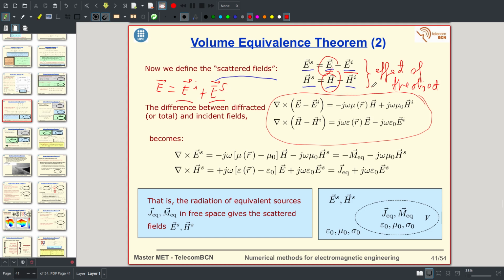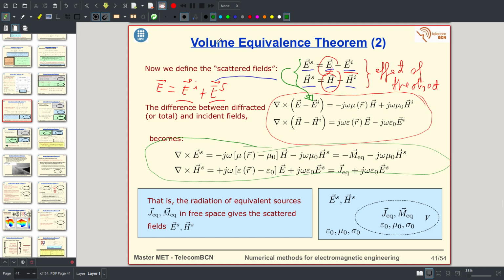So we use this definition and we replace this definition in our subtraction of Maxwell's equations, and what we get is this. We get all this.